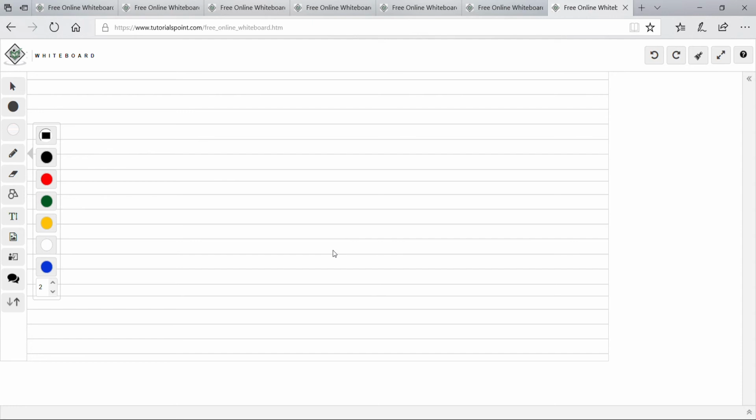So for this one, let's use tangent x over 2 plus cotangent x over 2 equals 2 cosecant x. So we've got to prove the following equation is an identity.